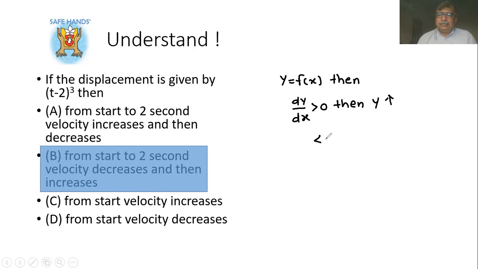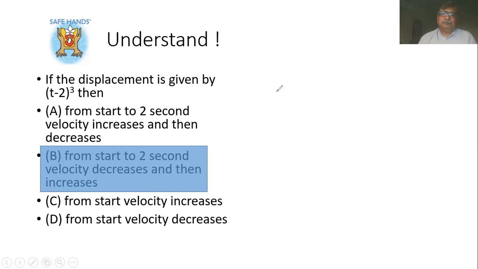If it is strictly less than 0, then y is strictly decreasing. And if it is greater than or equal to 0, then it is increasing or it may be constant. So this is the information which you are supposed to have with you. Using this information, I will proceed further.